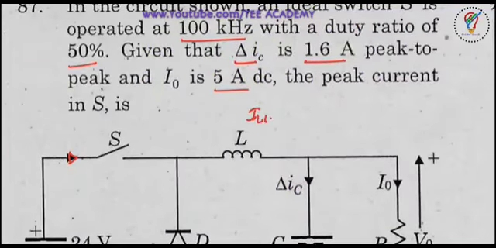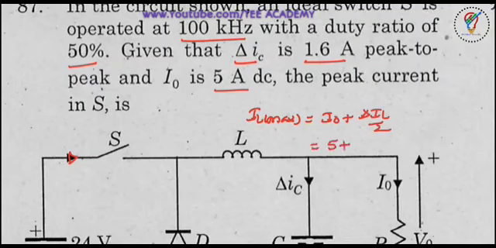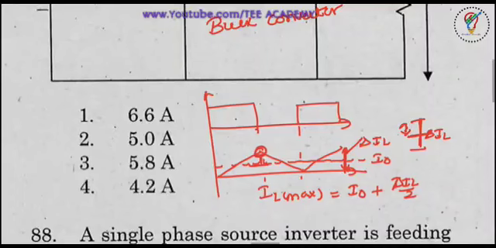So IL max or peak is equal to I naught plus delta IL by 2. So 5 plus 1.6 by 2, which is 5 plus 0.8, which is 5.8 amperes, the answer for this question. You don't need to memorize the formulas, just remember the concept and you will get the answer directly.